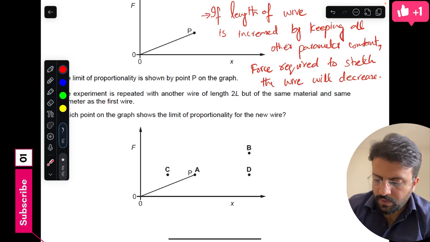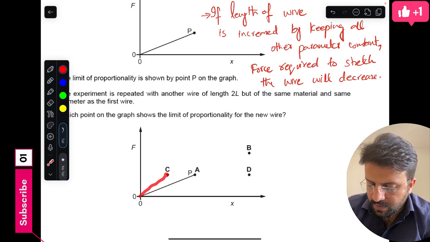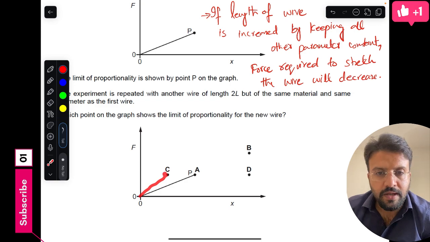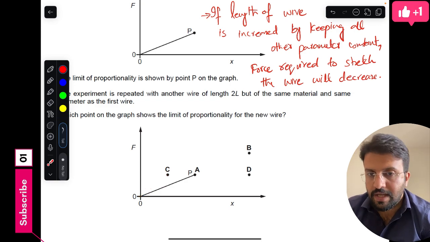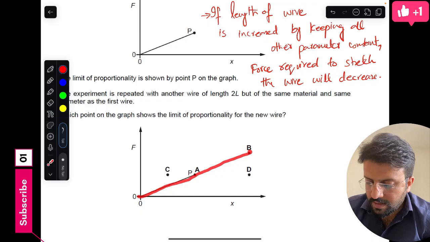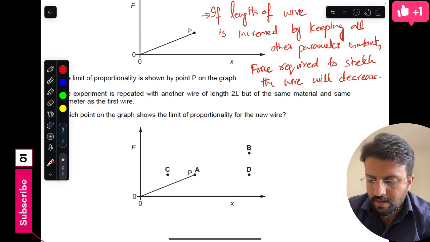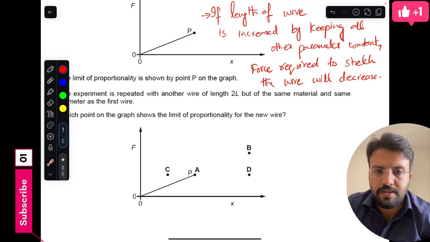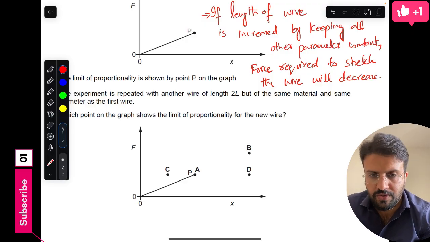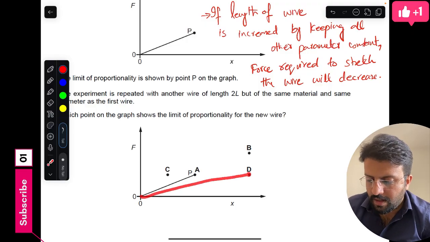Okay, so if you see, if this graph is going towards the C option, it is showing you need more force to stretch this thing. If this is going towards the B option, it is showing the same pattern. It means nothing is changing, same force applied to make the same extension as it was previously. But what is D showing?